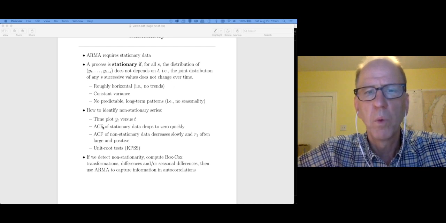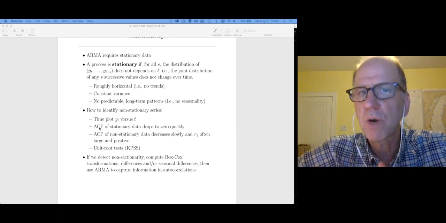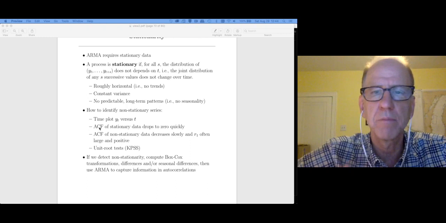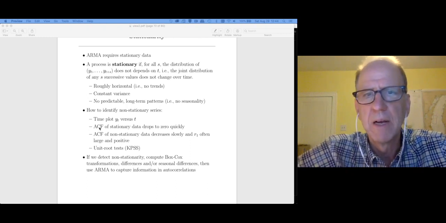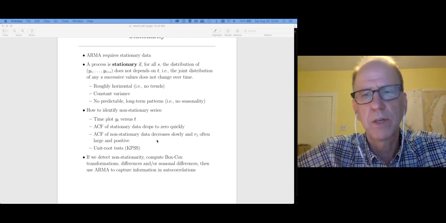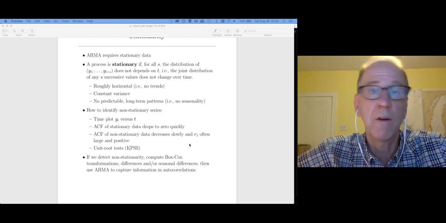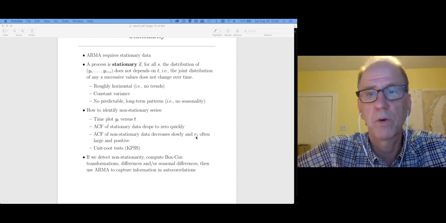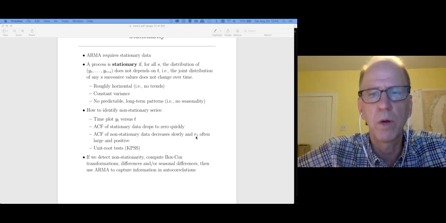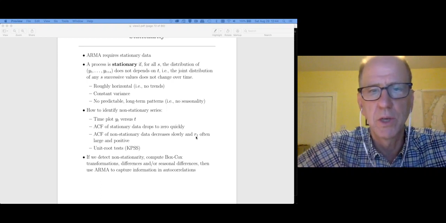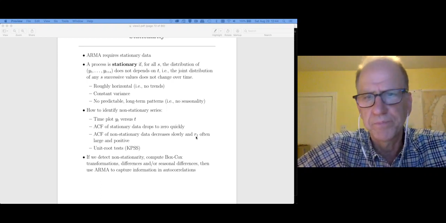Whenever we have stationary data, the ACF tends to drop off pretty quickly, not immediately, but fairly quickly. When you have non-stationary data, the autocorrelation decreases slowly, and often you have a very strong first autocorrelation value. So r1, the correlation between adjacent pairs of observations, would typically be large and positive.